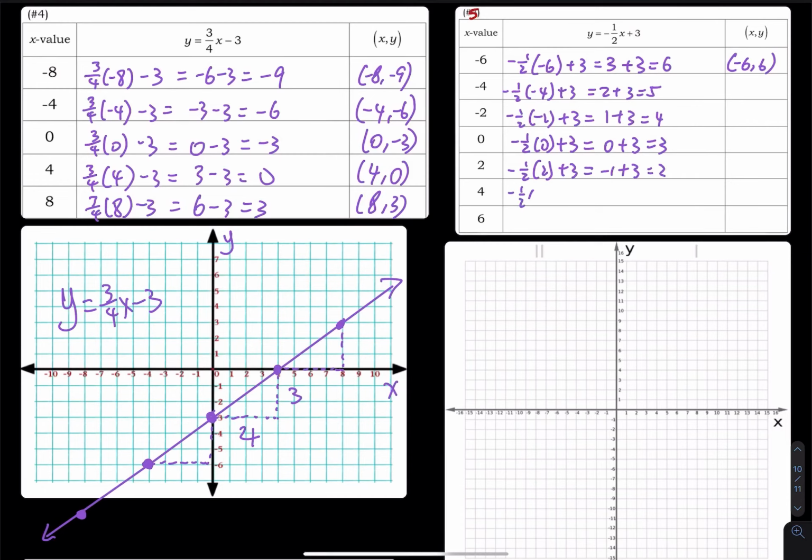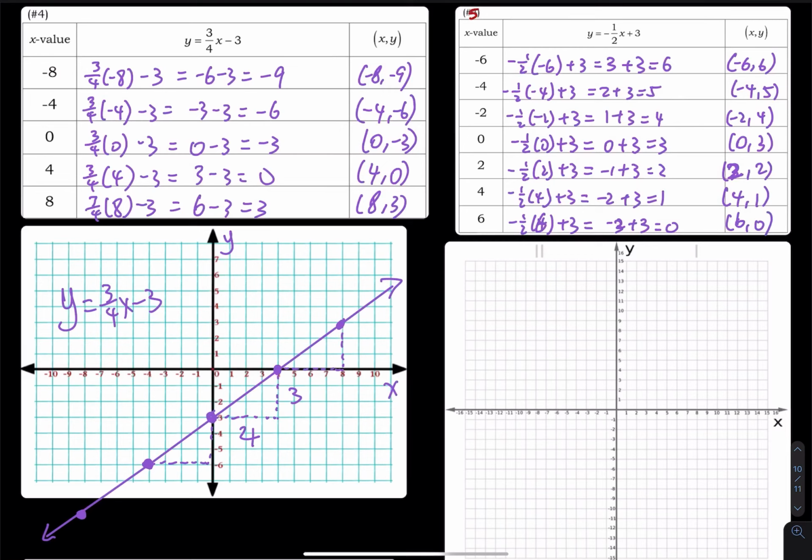And then 4: that is negative 2 plus 3, 1. Then 6: that is negative 3 plus 3, 0. So we have -6, 6; -4, 5; -2, 4; 0, 3; 2, 2; 4, 1; and then 6, 0.